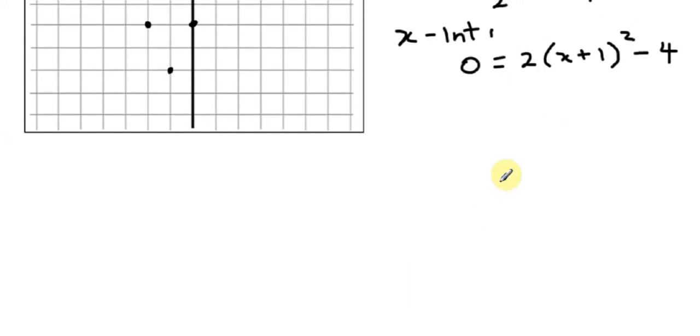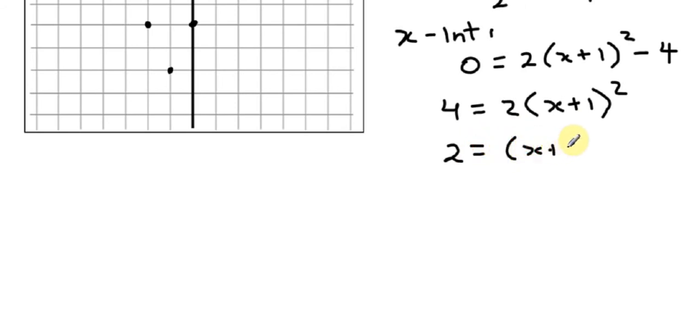Okay, so what are we going to do here? Well, I'm going to start by adding 4 to the other side. So we got 4 equals 2 times the x plus 1 all squared. Then I'm going to divide by 2. Notice I'm not expanding out the brackets, because that would make things more difficult in the long run.